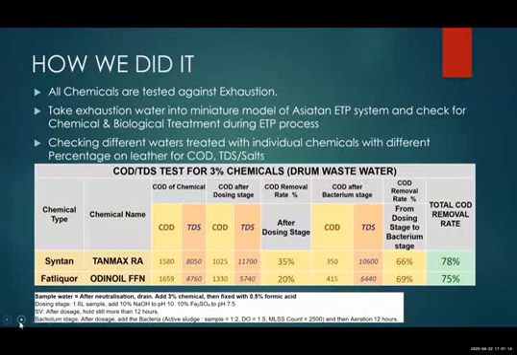From that stage to this stage, there's a 66% reduction from bacterial action. Overall, from the beginning drain water to the end, there is a 78% reduction of COD. In China, so far TDS is not a factor. Basically, COD is the factor. TDS comes as a part of the process. So this is a simple chemical, and we get a 78% reduction.